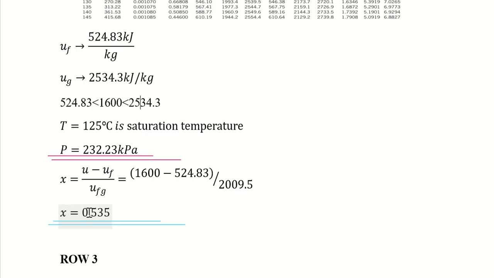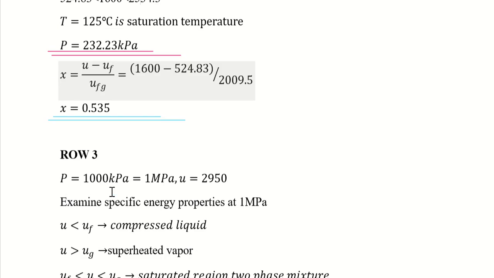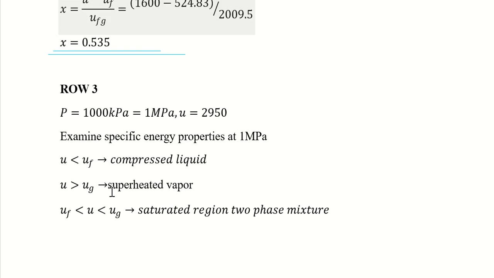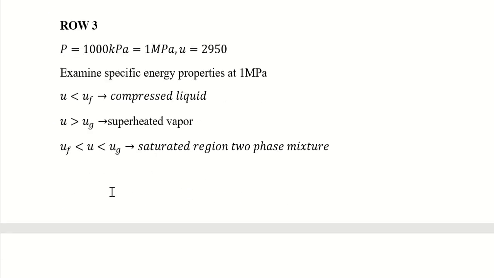And the quality has no units because you're dividing specific volume by specific volume, so the units cancel. Then we go to roughly row 3, giving us a pressure of 1,000 kilopascals, which is equivalent to 1 megapascal, and an internal energy of 250.